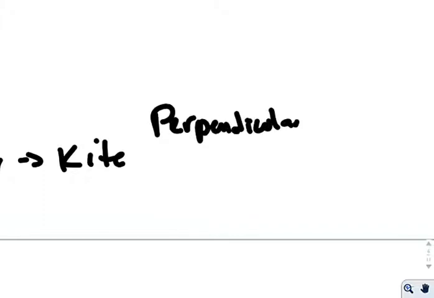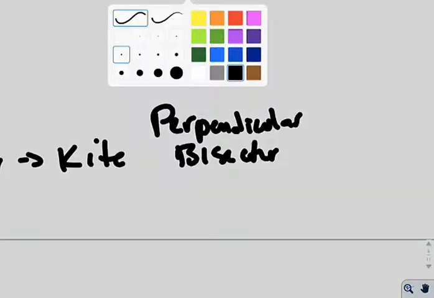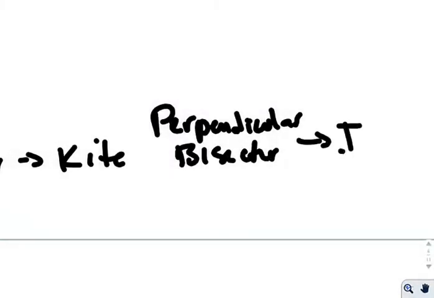If I want a perpendicular bisector, what I'm going to bring in is an isosceles triangle.